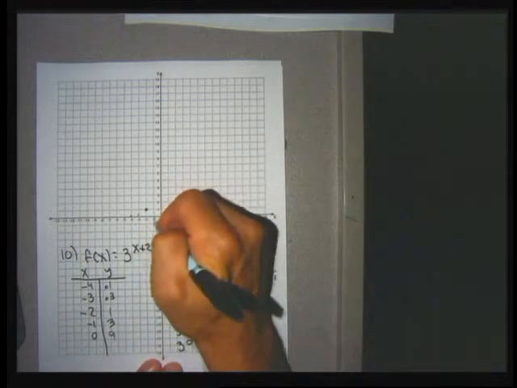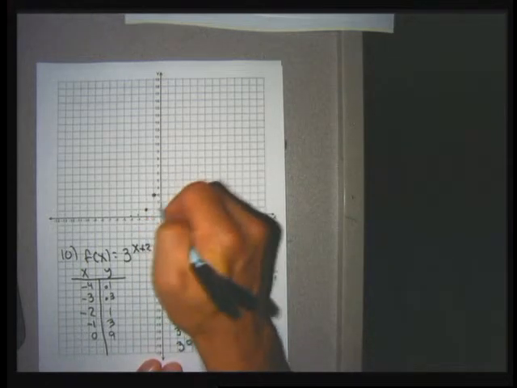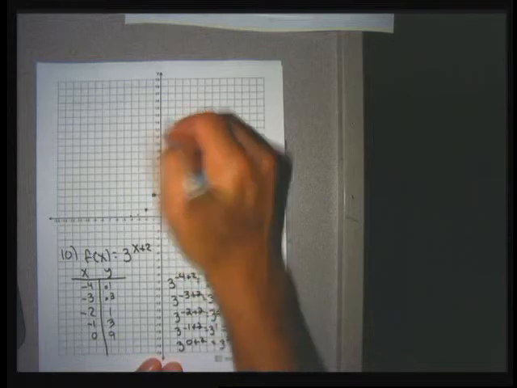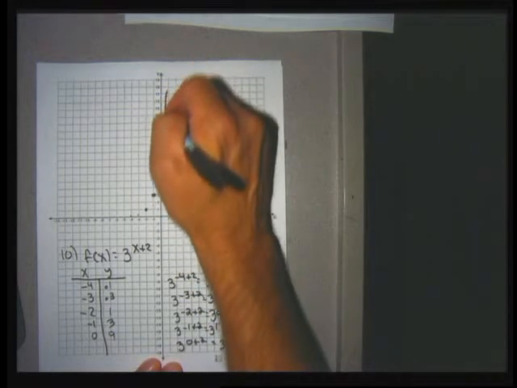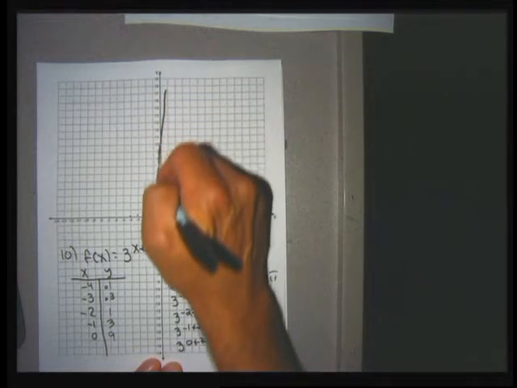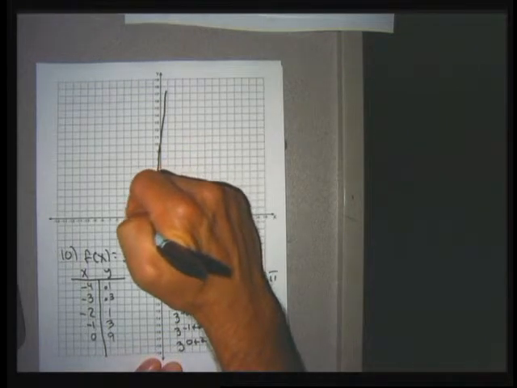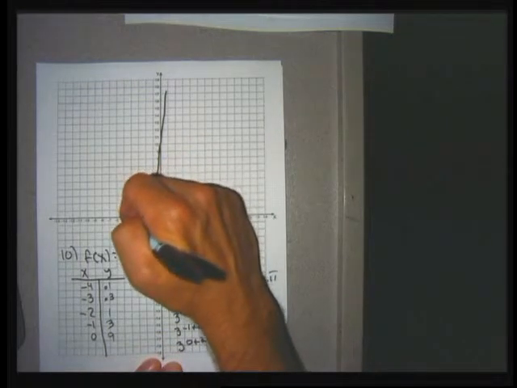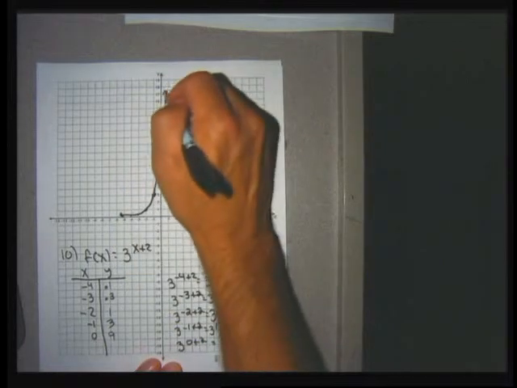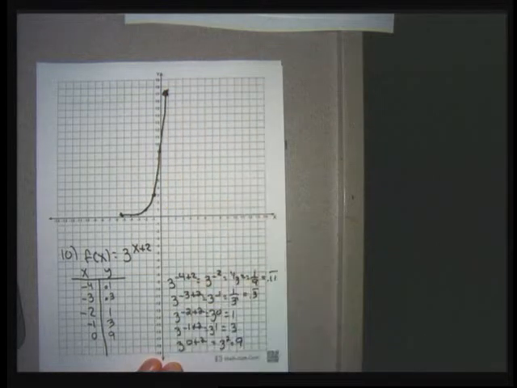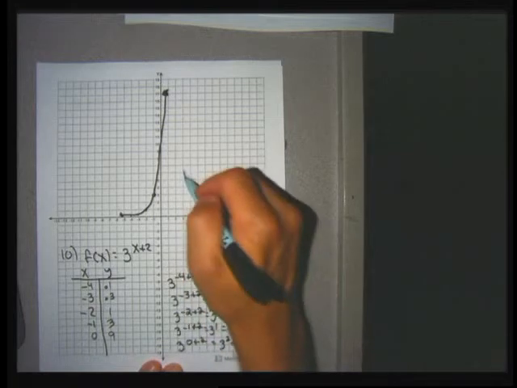Negative 2 and 1, negative 1 and 3, 0 and 9. Again, the graph should stay slightly above the x-axis and should get real high on the right side.